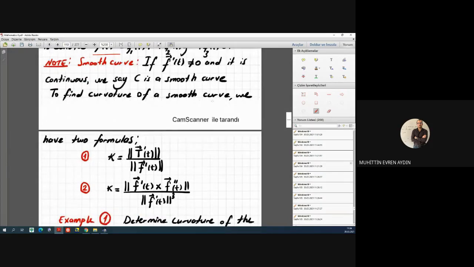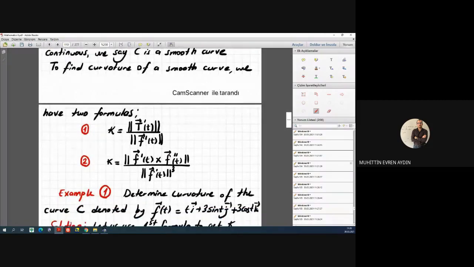To find the curvature, we have two formulas. Here the curvature equals the norm of the second derivative of the vector valued function f.